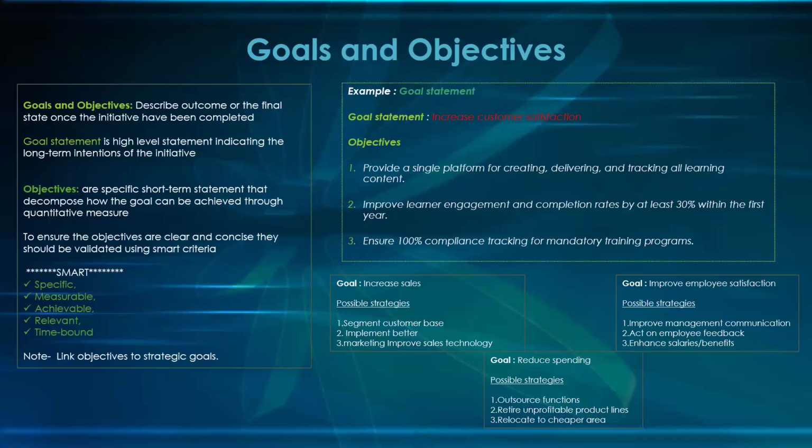Short-term statements that, when put together, you can use to measure if you actually meet your goal. Am I making sense? So when you have a long-term goal, you now start creating short-term goals.